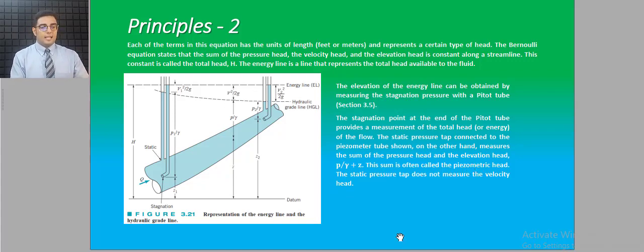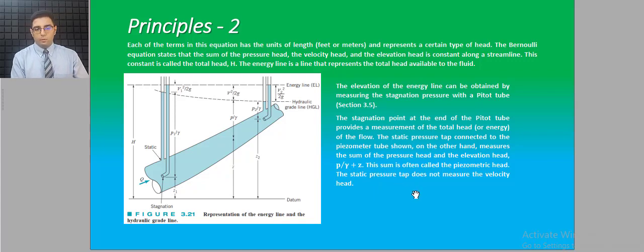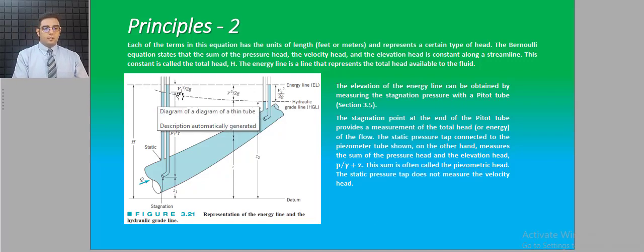The pressure is static, and also the pressure static tap. The velocity head is out of the static pressure tap, or in other words, the piezometric head. So it means as we come down, the energy line is going to be decreased by the velocity head to be light on the hydraulic grade line.